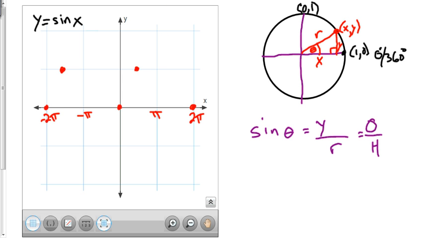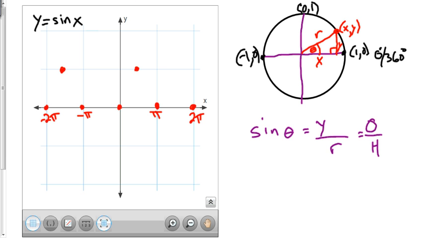Let's come over to 180 degrees, which is pi. x will be negative 1, y will be 0. Again, the x does not affect sine, but y is 0. So at pi, sine is 0, and this is also negative pi, negative 180. If you look, I found a bunch of zeros there from negative 2 pi to 2 pi.